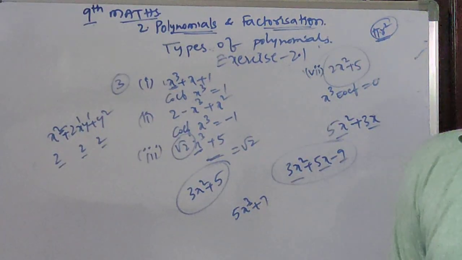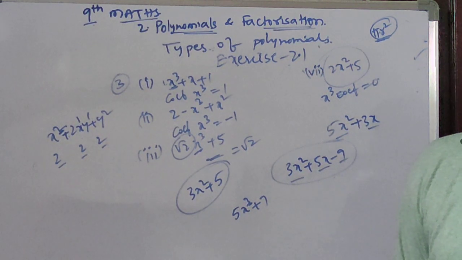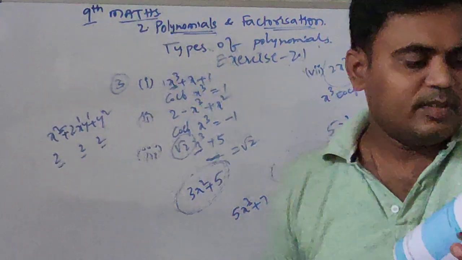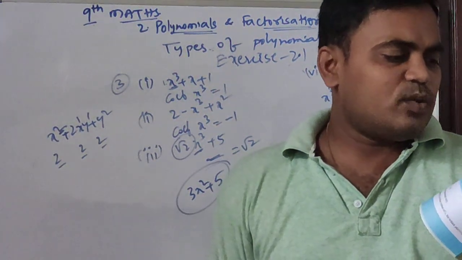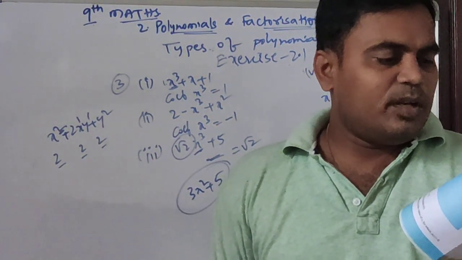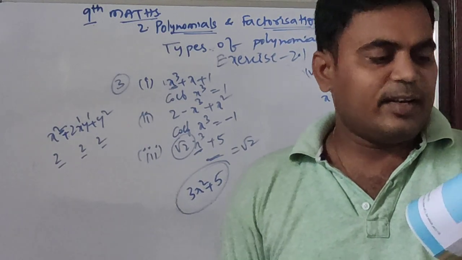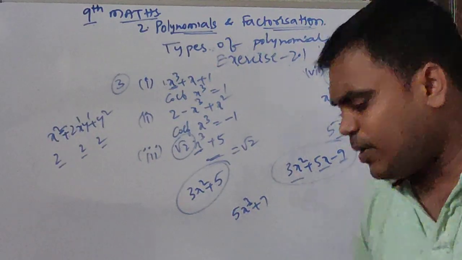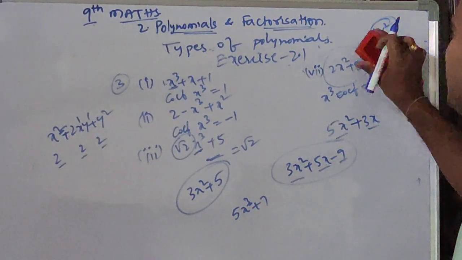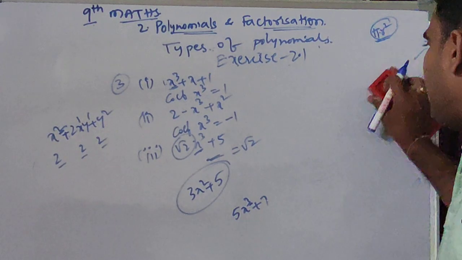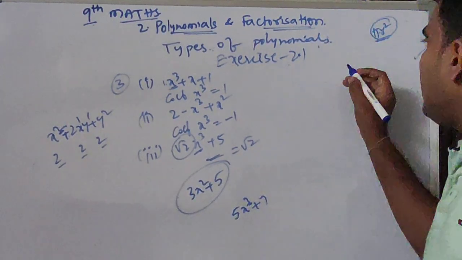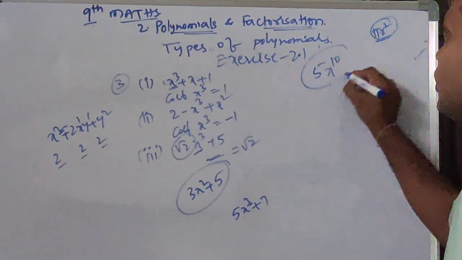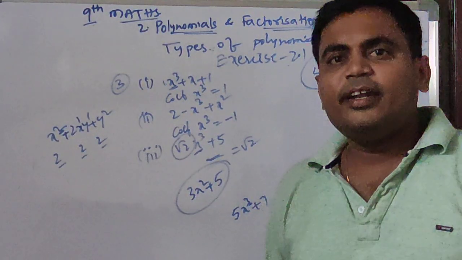Last question of this exercise: give an example each of a monomial and a trinomial of degree 10. I am taking one example each. For a monomial of degree 10, I want to take 5x power 10. That's it, so this is a monomial of degree 10.